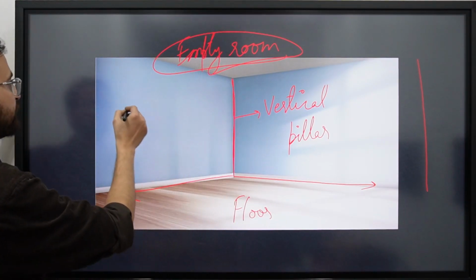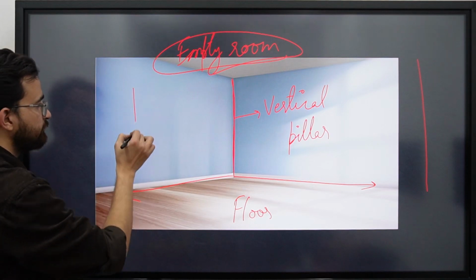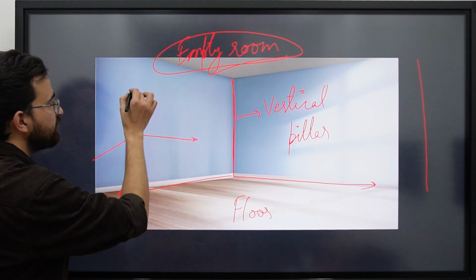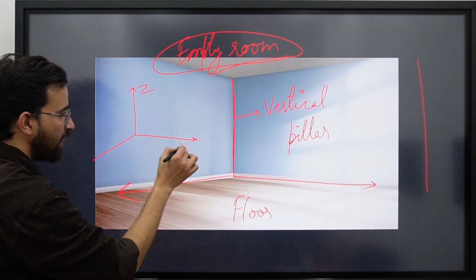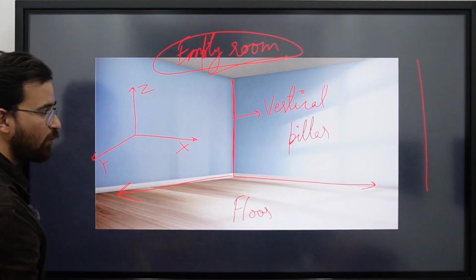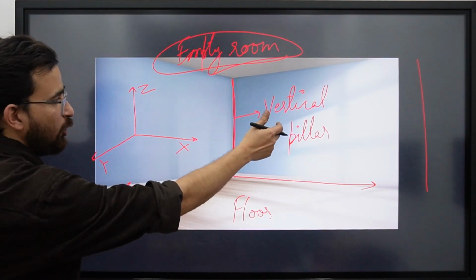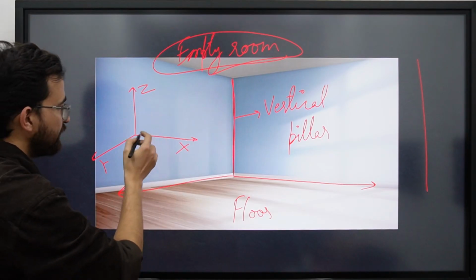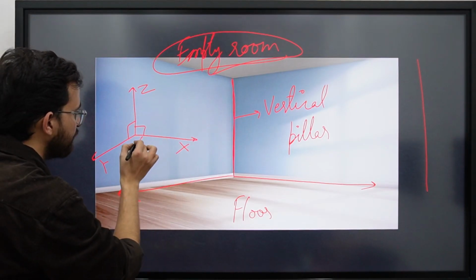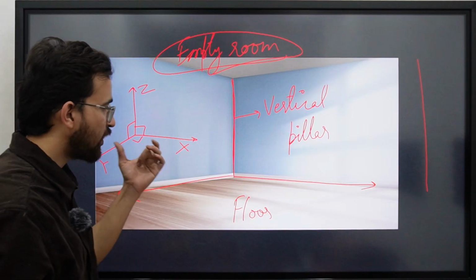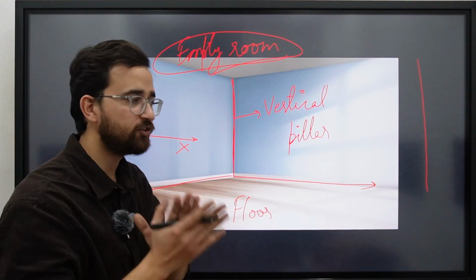If you want to imagine this in a Cartesian system, you have the z-axis, the x-axis, and the y-axis. Now, what is common between these pillars and the Cartesian space? In the Cartesian space, x, y, and z are perpendicular to each other.